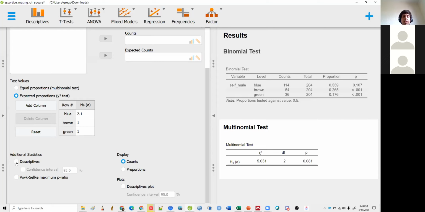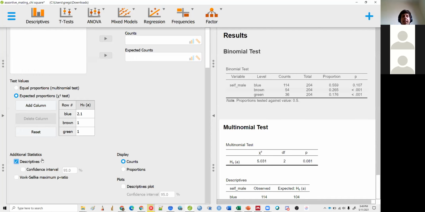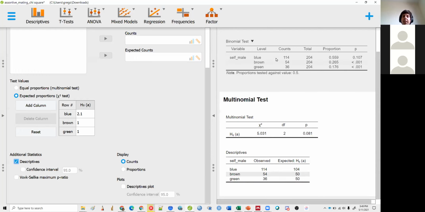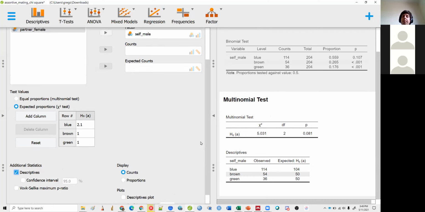So let's see additional statistics that can be generated with JASP. JASP can tell you stuff that we saw up here. I encourage you to use multinomial tests to start with. I forgot that we were looking at a data set with three different types of values, rather than two.